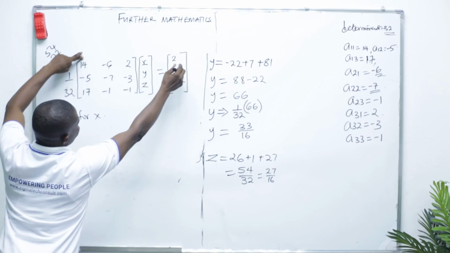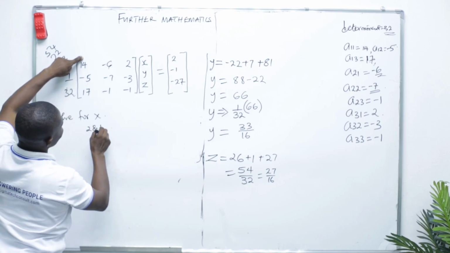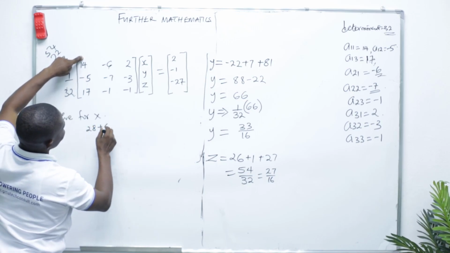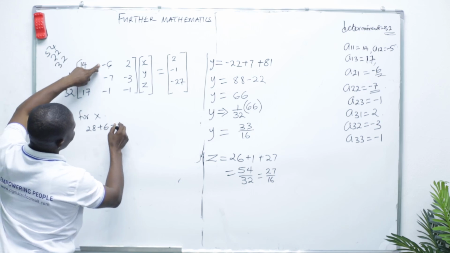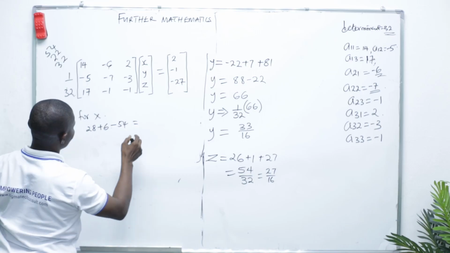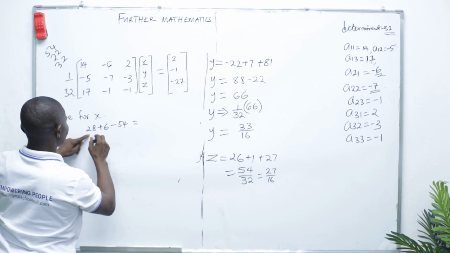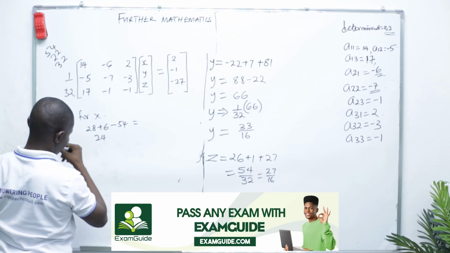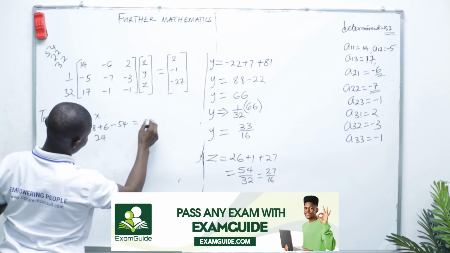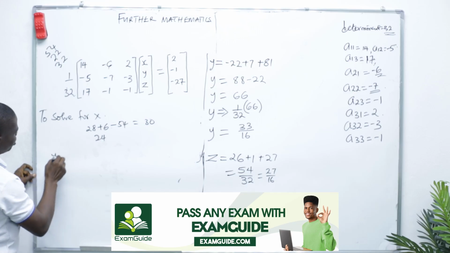14 times 2, 28, plus 6, minus 54. This is 24. 30. Solve for y.